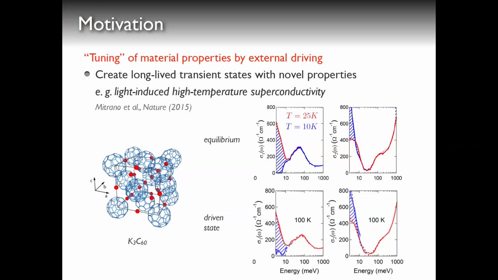And you see that what happens is that in the real part of the conductivity, a gap opens up, and in the imaginary part, we see this 1 over omega divergence characteristic of superconducting states. And what was reported in these experiments is that similar changes can be transiently induced in the optical conductivity, even at temperatures far above the equilibrium Tc.